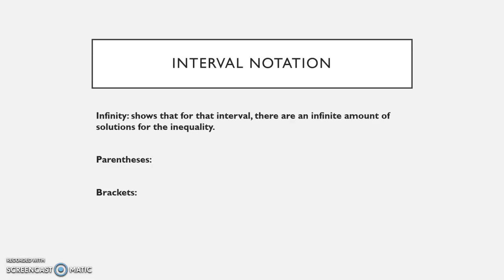So let's talk about the difference between parentheses and brackets. It's very similar to open circle or closed circle, right? So for parentheses, if you had something like x being greater than 3, what you're saying there is you've got this graph of all values of x greater than 3, you've got an open circle on 3, and you would shade everything to the right.